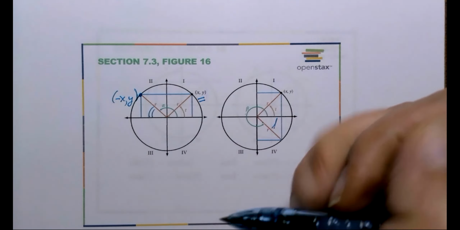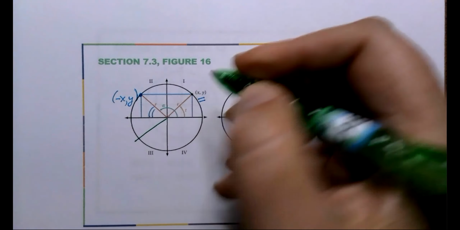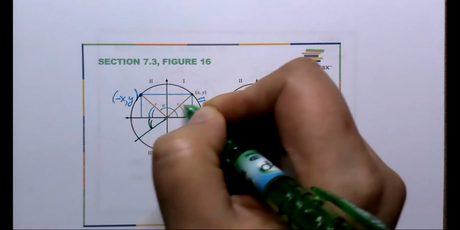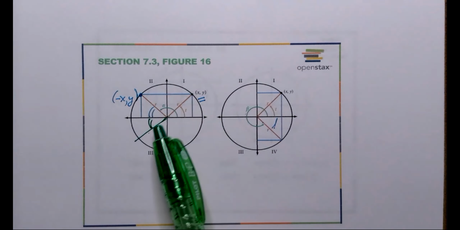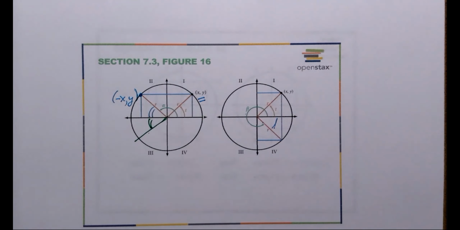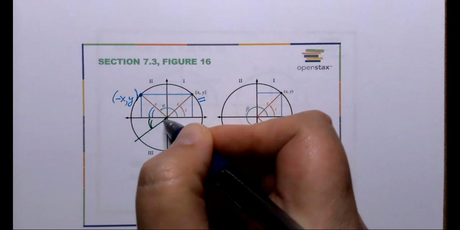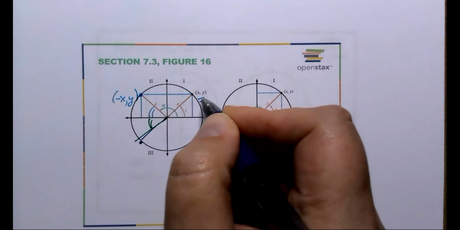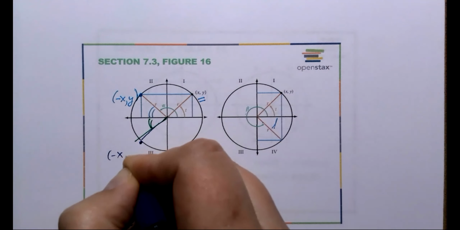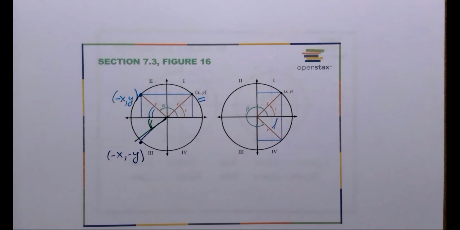Now for angles in the third quadrant, let's say this is our angle, and this is our reference angle, which is transferred into the first quadrant right here. Let's say that they're the same, they're vertical angles. Again, it's symmetric about the origin. So we know the x and y coordinates are going to be similar, just with negative signs. And the same happens for the fourth quadrant.